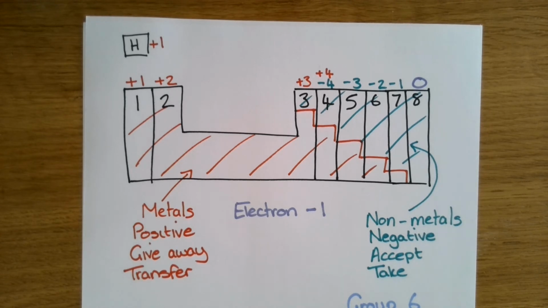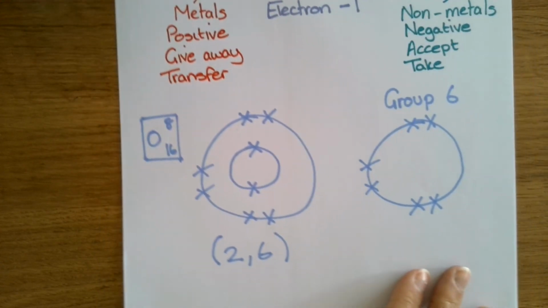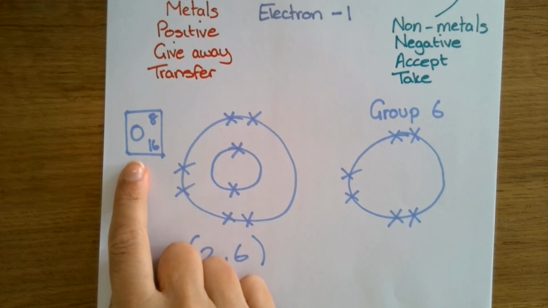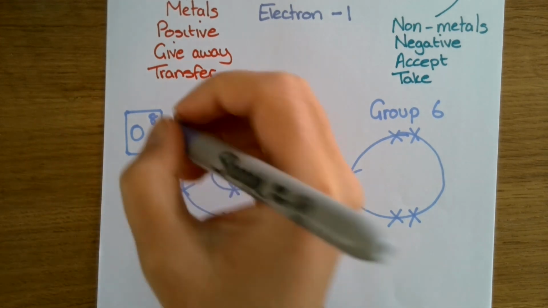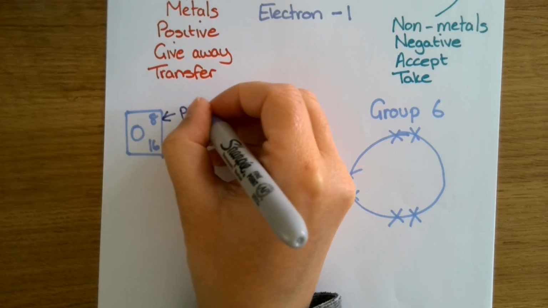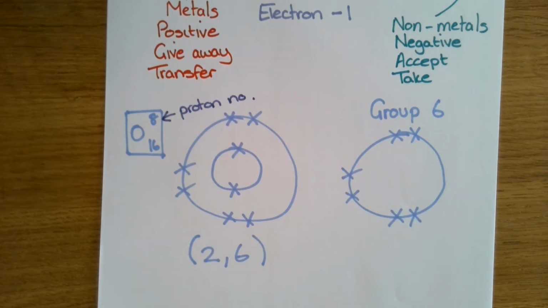So if I'm drawing atoms, I need my information from the periodic table. So I might find the box on the periodic table with the elements that I'm drawing. And in this example, I've chosen to draw oxygen with a proton number of 8. Now that also tells me how many electrons that my atom has.